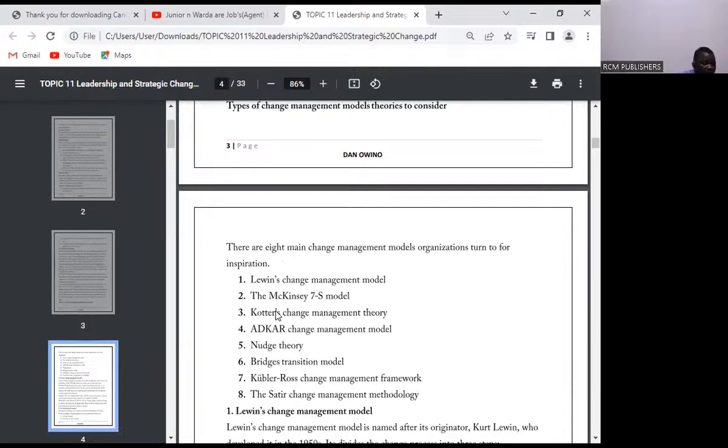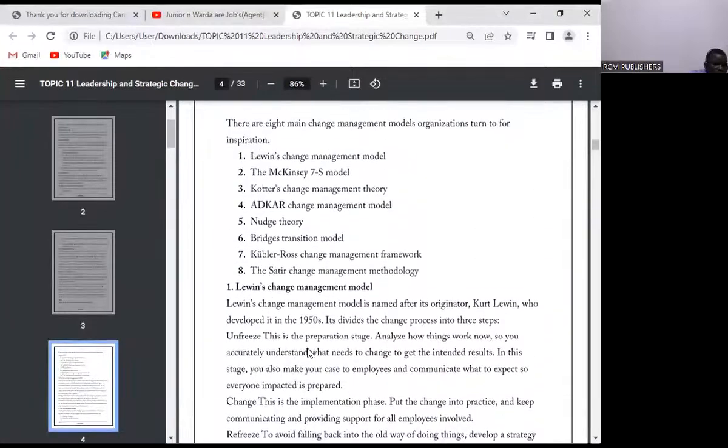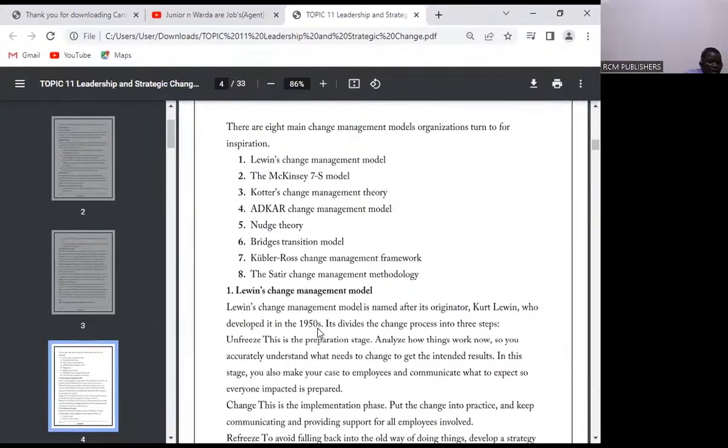They have been tested by the examiner: Lewin's change management model, the McKinsey 7S model, then also Kotter's change management model. We can also add the ADKAR change management model, which is just an abbreviation of certain words, which we shall be looking at later.